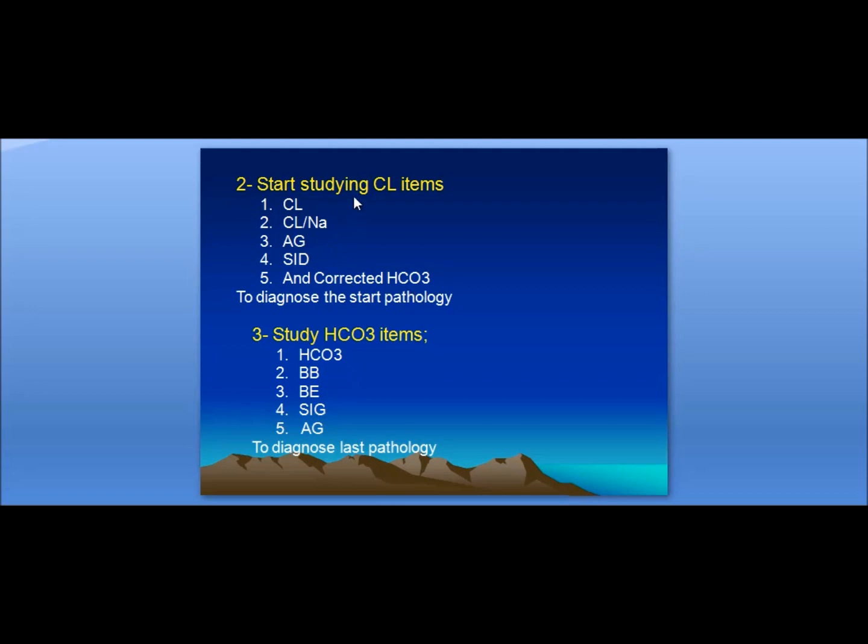From these items and this data, you will come to the start diagnosis, the first pathology. Number 3, studying bicarbonate items: serum bicarbonate, buffer base, base excess, strong ion gap, and anion gap. This will give you the second pathology and the second diagnosis.